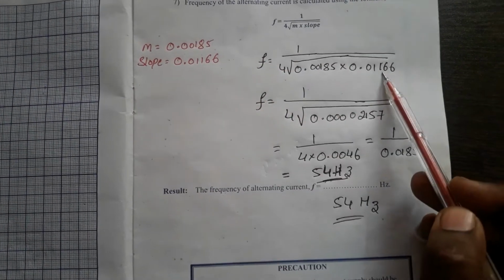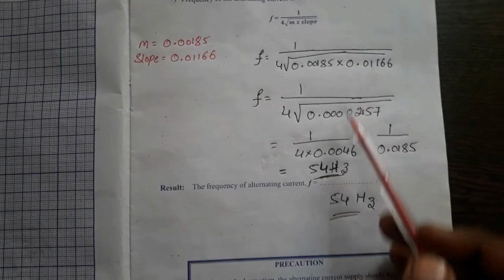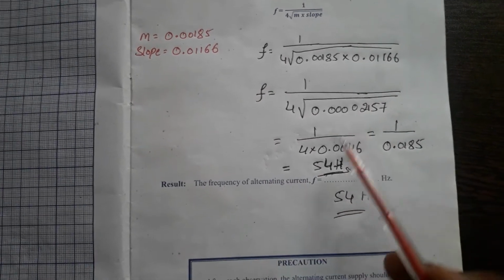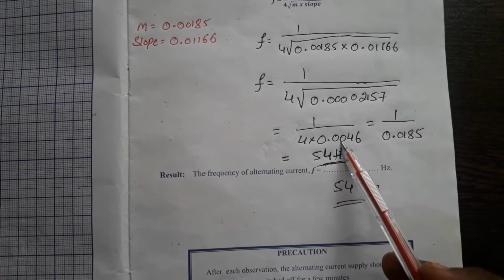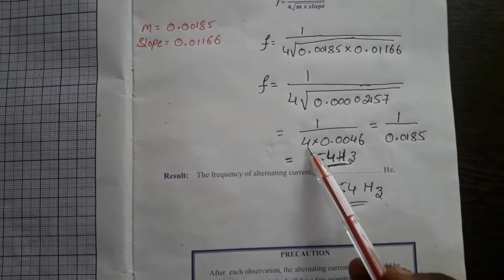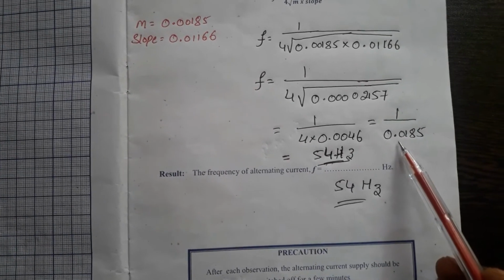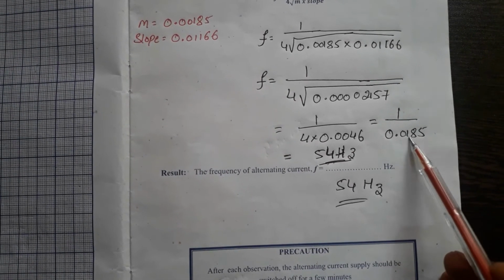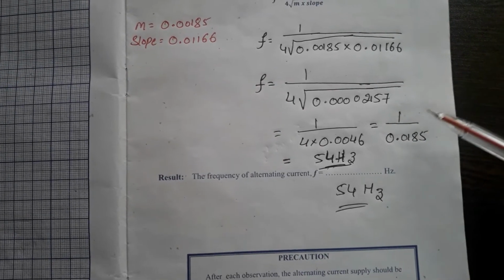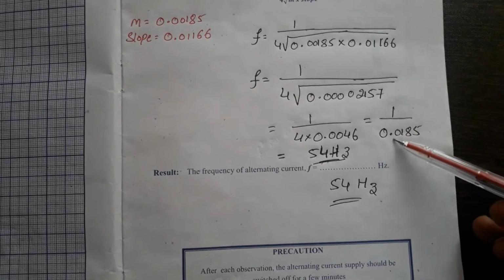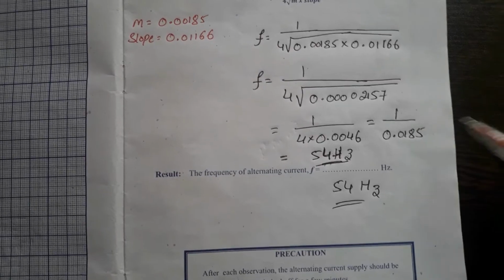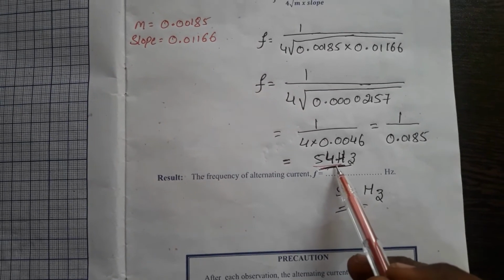Now multiply these two and take the square root. We get 0.0046. Now multiply with 4. Finally we get 0.0185. Now divide 1 by 0.0185. We get 54 Hertz.